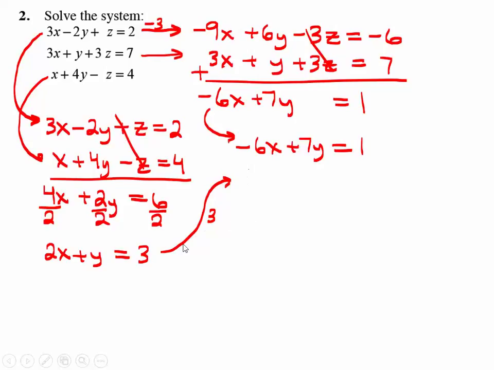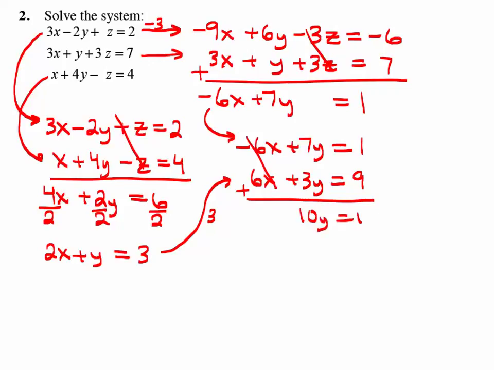So as you put these two equations together, you may want to think about if I can get a sort of quick opposite right away. So 2 times 3 is 6x, y times 3 is 3y, and 3 times 3 is 9. Adding these guys up, notice the x is now gone, and I got myself a 10y equals 10.